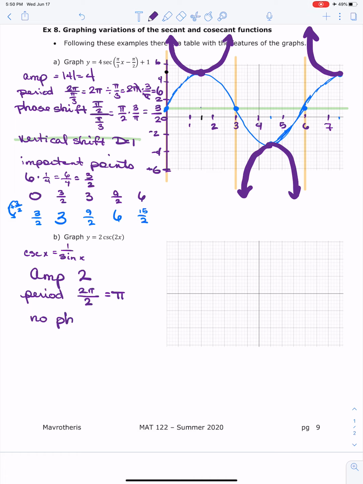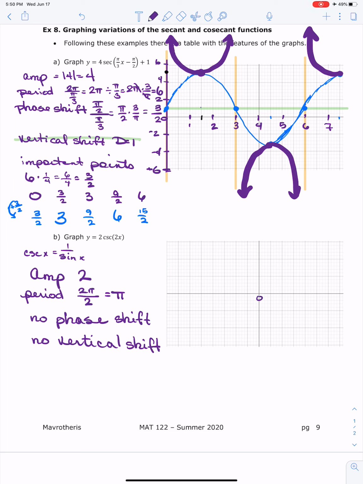We have no phase shift and no vertical shift, so I'm not going to worry as much about those important points because I can orient this on the 0.